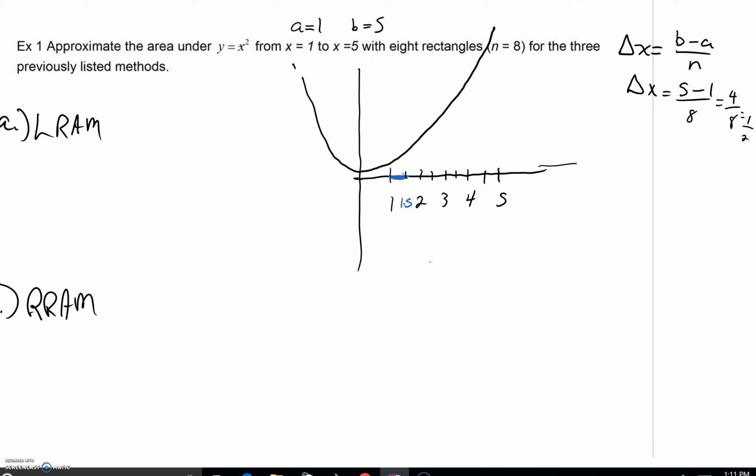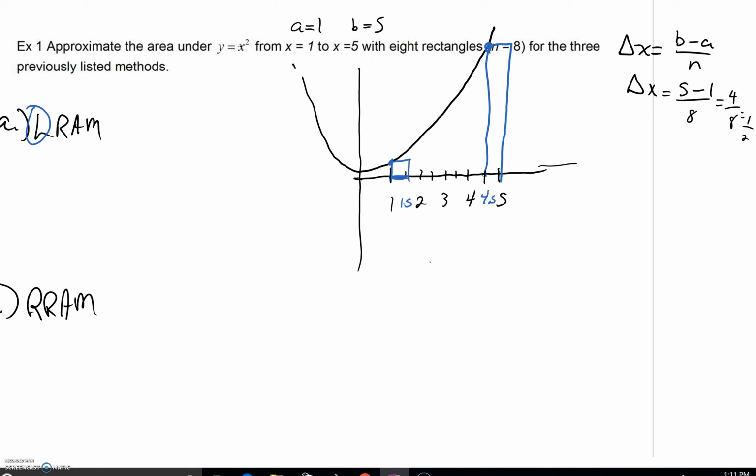And by the way, my last rectangle would go from 4.5 to 5, if you're thinking about just delta x going that way. Which endpoint, again, determines the height? The left. So look, I'm not asking you to draw every little rectangle, but it is helpful to at least draw one. In fact, it's helpful to draw a first and a last.